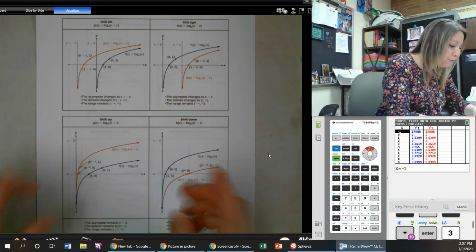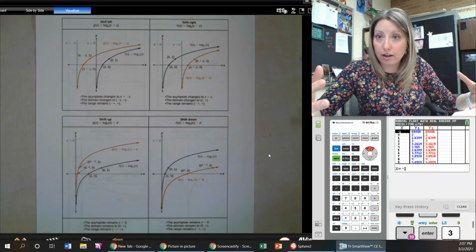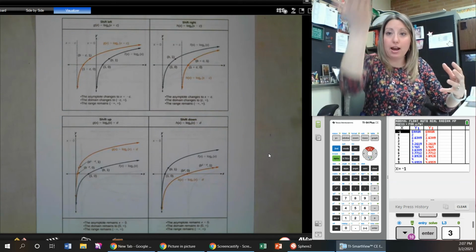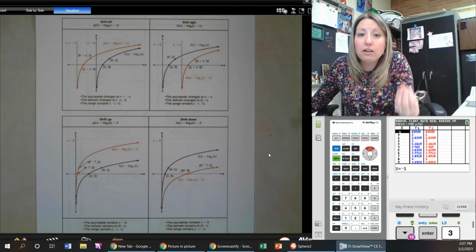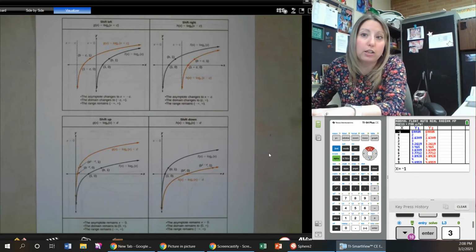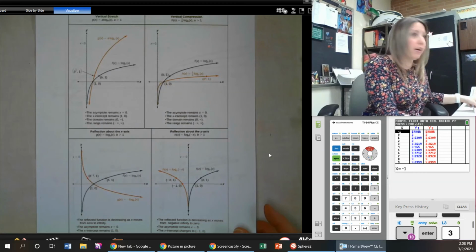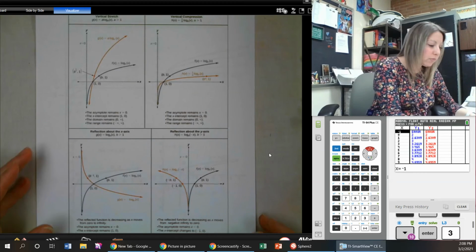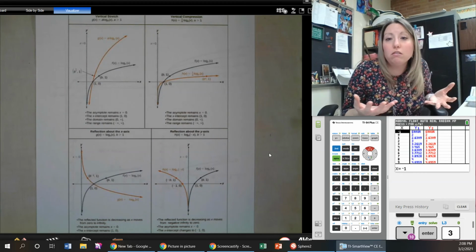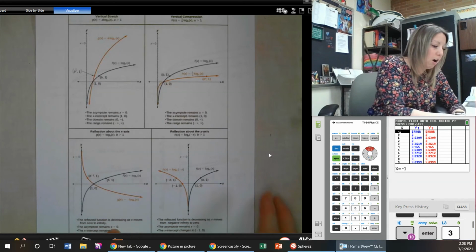If you add or subtract on the outside, it's moving it up and down. And so that is exactly the same as how those shifts happen in a regular exponential equation. That's the same exact thing, okay, or a regular quadratic, right? So you can see why these things happen and how they happen, okay?